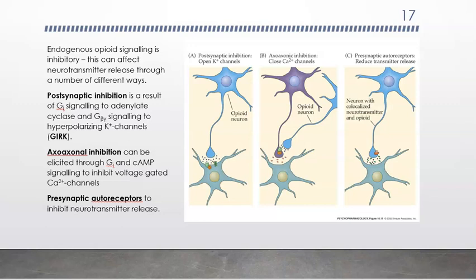And it's not inhibitory just because the receptors are Gi-coupled protein receptors, okay? There are other reasons as well. The inhibitory signaling of our endogenous opioids can affect neurotransmitter release in a number of different ways. Now, the first way is related to that Gi signaling. The first one is postsynaptic inhibition.